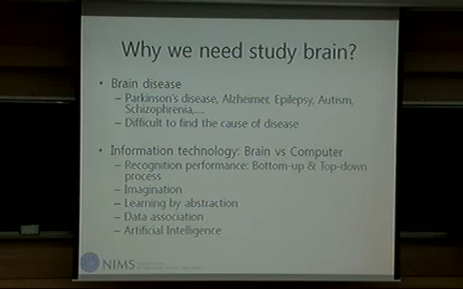In computer science, recognition performance is one of the problems. When you compare the recognition ability of computers and human beings, in most cases human beings have much better recognition performance.